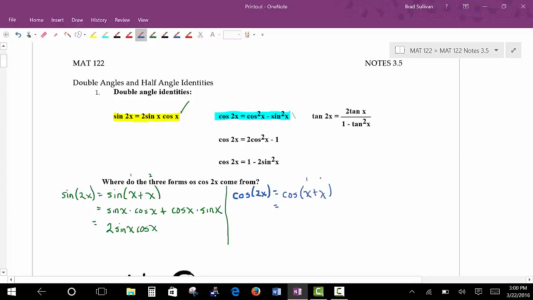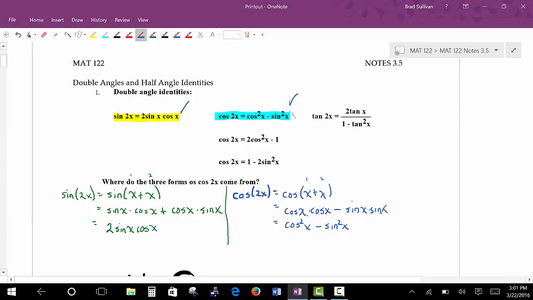We have two angles, the first and second. The identity for cosine sum goes cosine of first times cosine of second, we'll use a different sign, and then sine of first times the sine of the second. Notice that's going to give you cosine squared x minus sine squared x when you multiply those together. And that pretty well develops that idea.